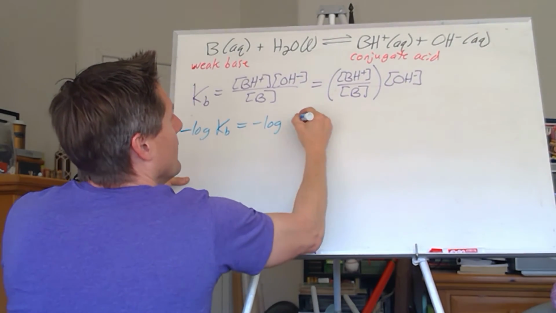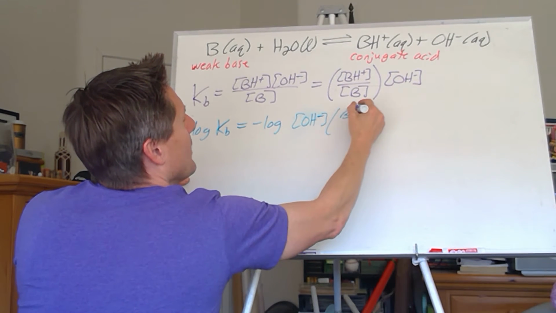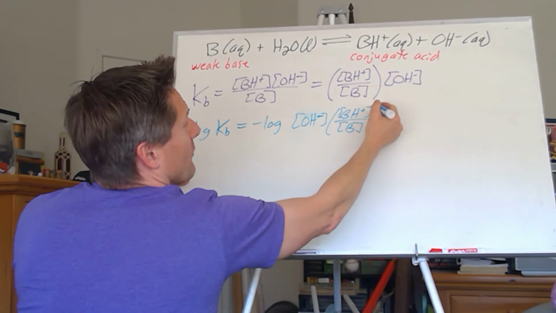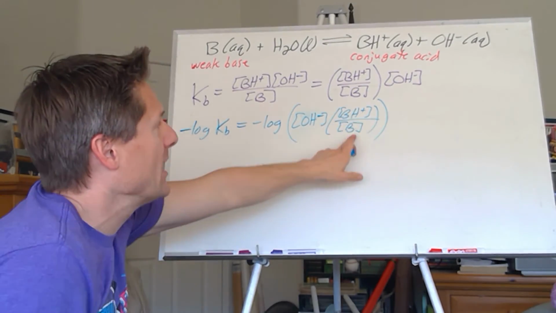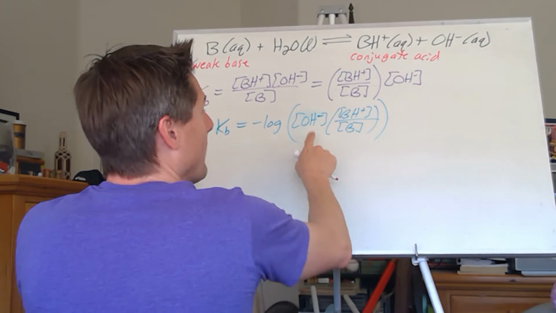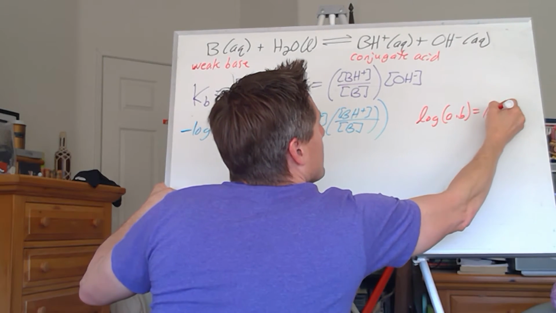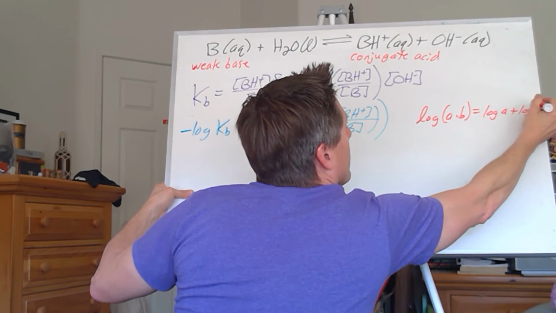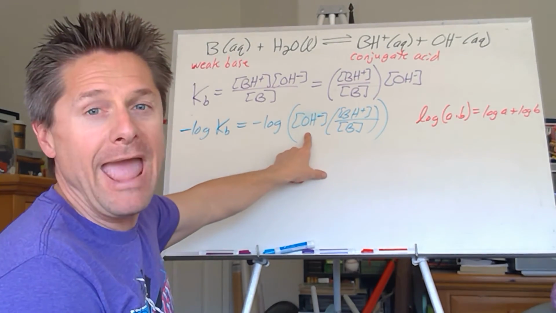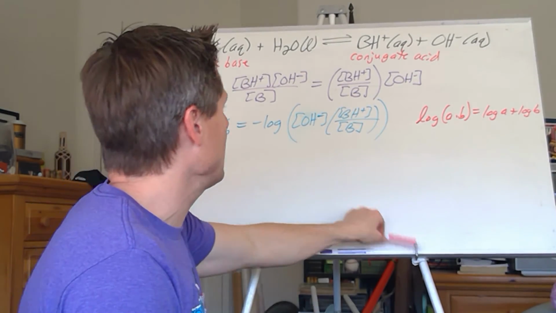I'm going to put the OH minus there, and the concentration of the conjugate acid over the weak base. So I got that ratio of the conjugate acid over the weak base concentration. This is the same as log of A times B. So log of A times B is log of A plus log of B. How many times have we done that stupid math trick, right? So this will be your A, the OH minus. This will be your B, the ratio of the concentrations. But let's separate those babies.